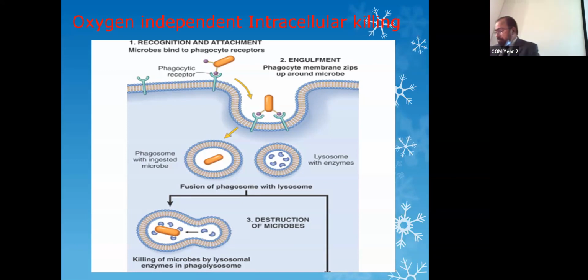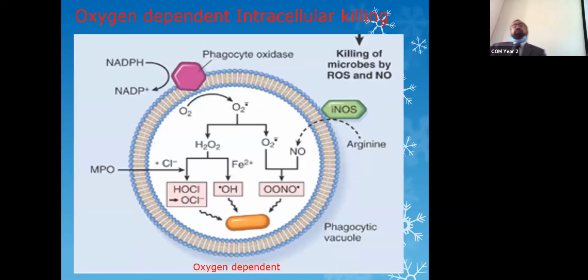Now the other one. Once the bacteria is in, it activates this phagocyte oxidase enzyme. Please kindly see here. This phagocyte oxidase converts NADPH into NADP. By doing so, it converts oxygen into superoxide.